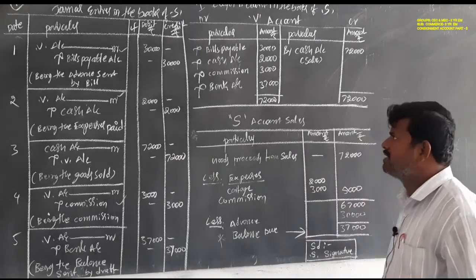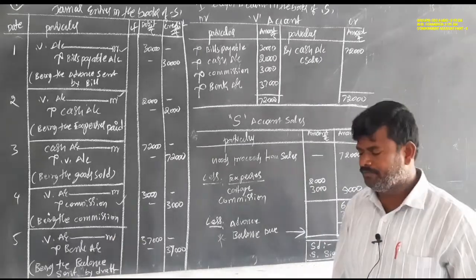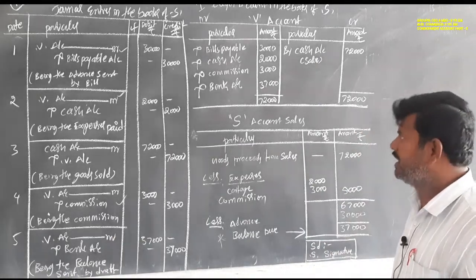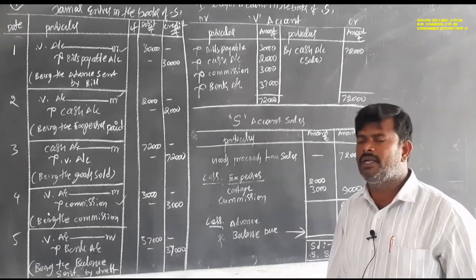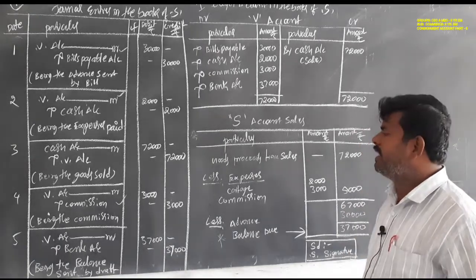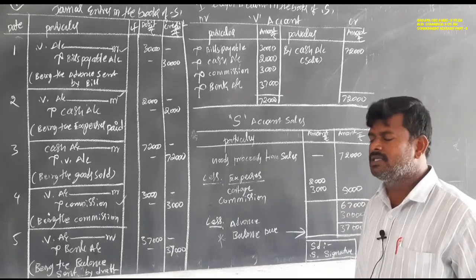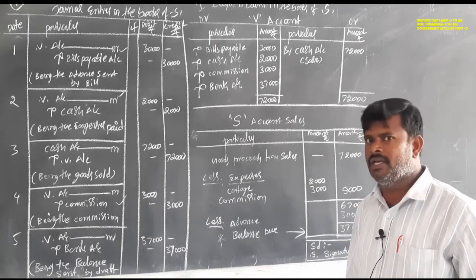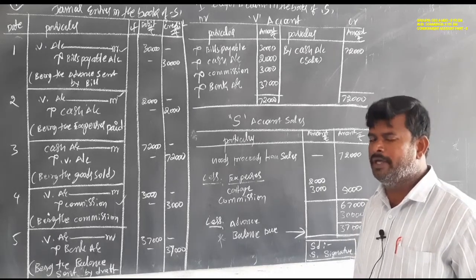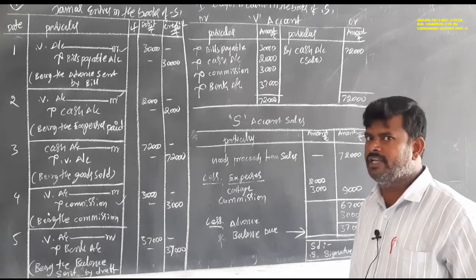Another thing asked in the problem is to prepare account sales. Account sales is nothing but details about the sales made by the consignee, expenses paid by the consignee, commission receivable by the consignee, and advance given by the consignee.